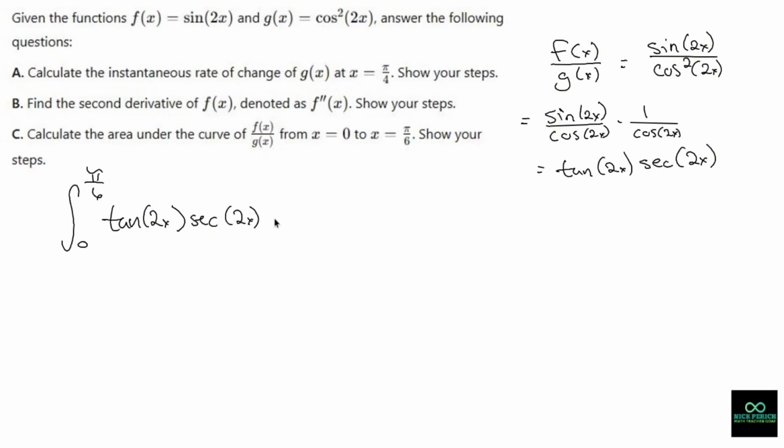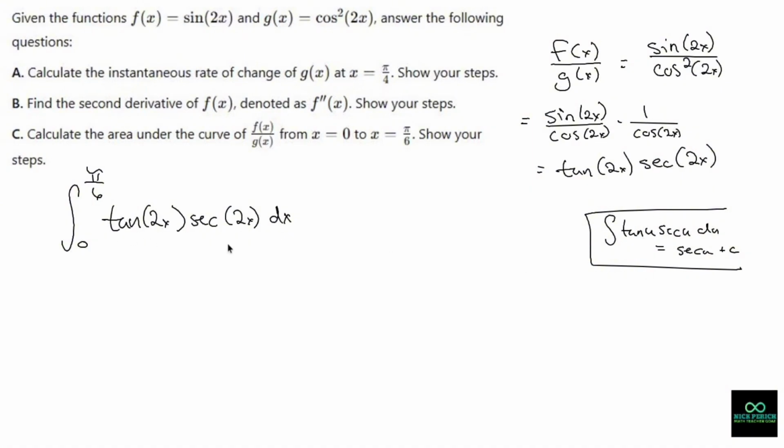Now, there's a lot of ways you can handle this. I just so happen to have it memorized, and this is just a fun fact I'll write off to the side: the integral of tan u secant u du happens to be secant u plus c, technically. That's a little rule.